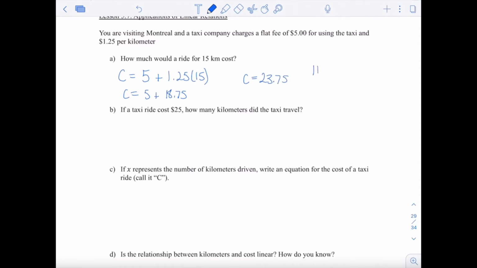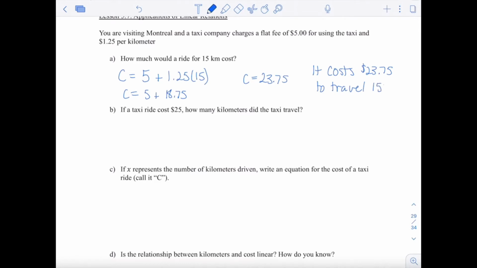Okay, so it costs $23.75 to travel 15 kilometers.